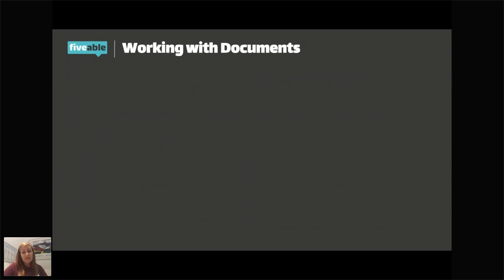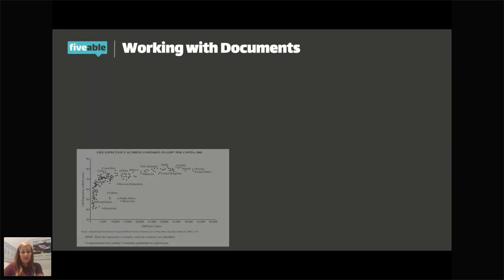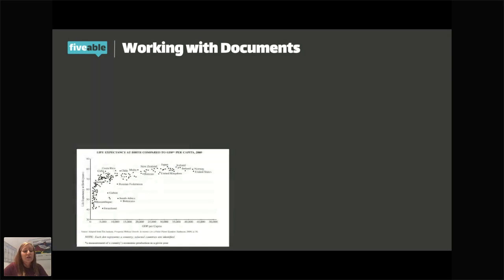When we're working with documents, they're going to look different at different times. You're going to see documents on an AP exam in multiple choice questions, in short answer questions, and of course in a DBQ. One that you may see looks something like this. It's a chart.